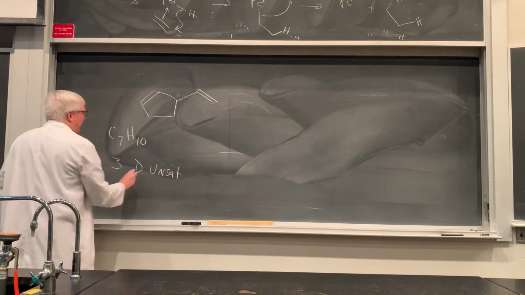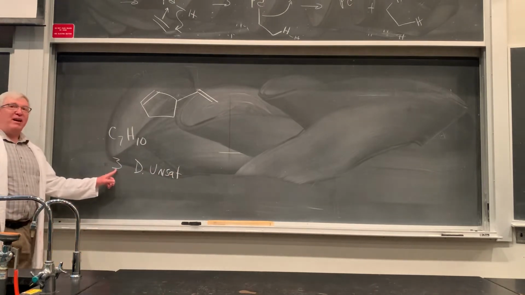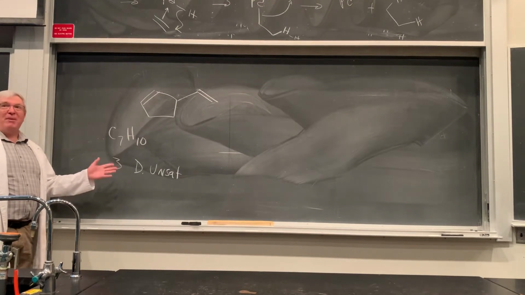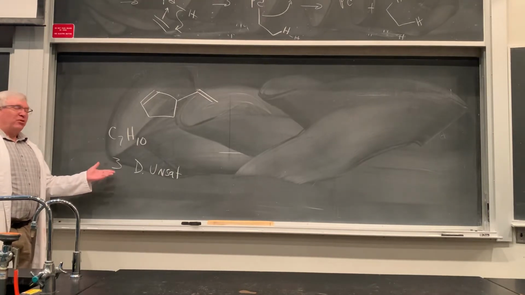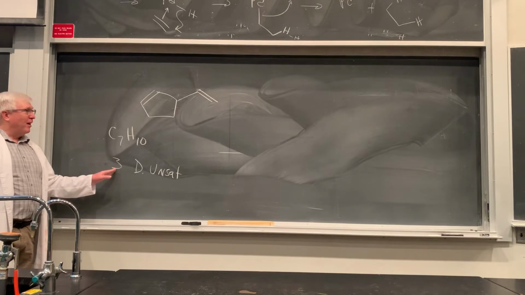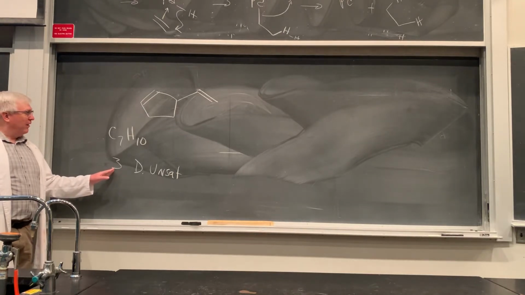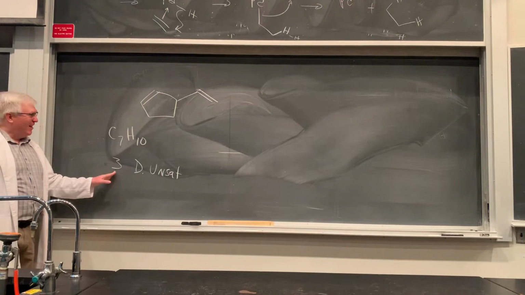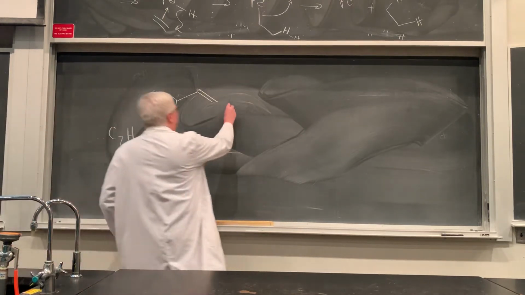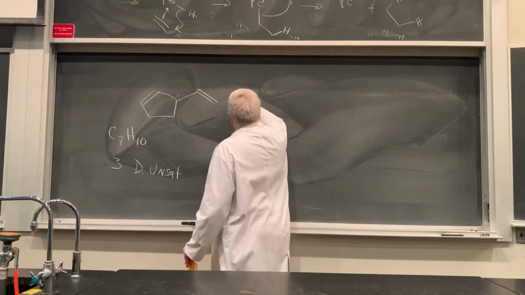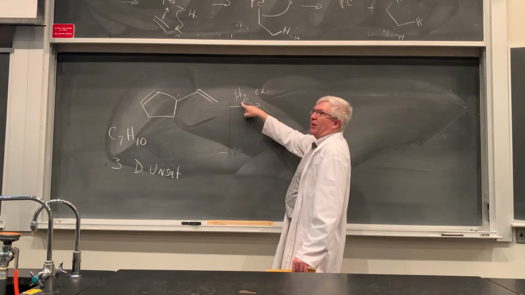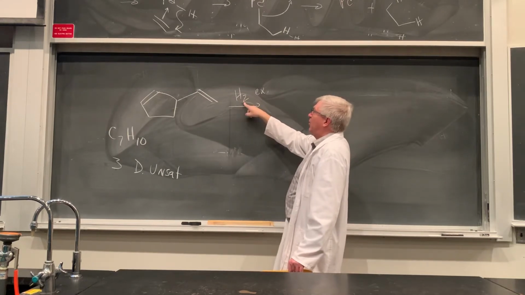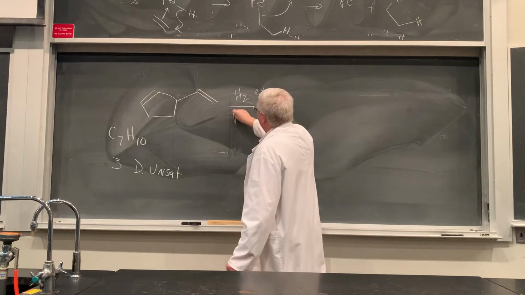What do we mean by degrees of unsaturation? We must have 3 alkenes, pi bonds, or 3 rings, or some combination: 2 rings and 1 double bond, 1 ring and 2 double bonds, or maybe 3 rings. A lot of options here. Let's say we do hydrogenation with excess hydrogen, and a lot of times it's always excess because it's really hard to measure out 1 equivalent of hydrogen. If you show hydrogen here, pretty much every alkene is going to get reduced.